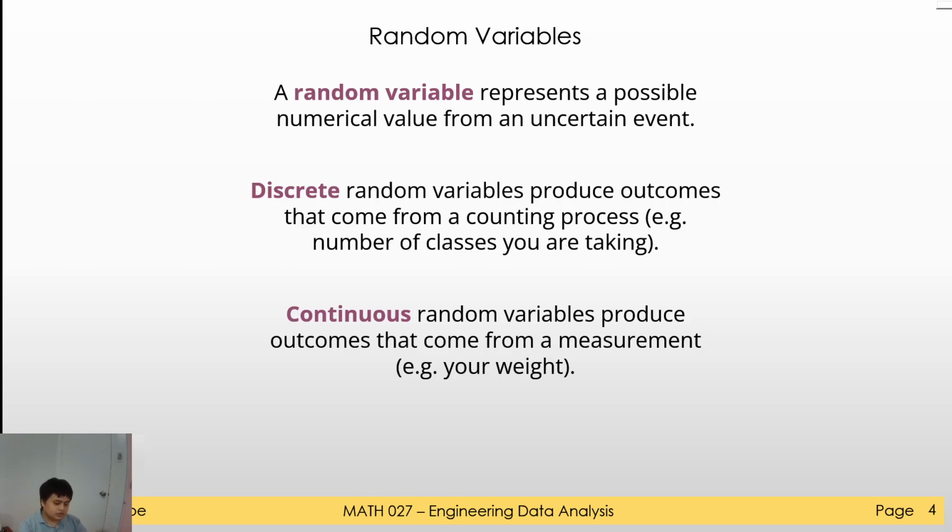And then for continuous random variables, it is continuous, therefore including the decimal places of your numbers. So we're usually dealing with numerical values that are not limited to countable numbers. Okay.